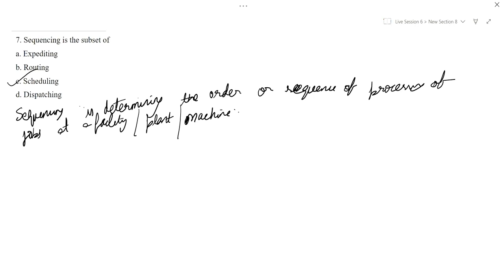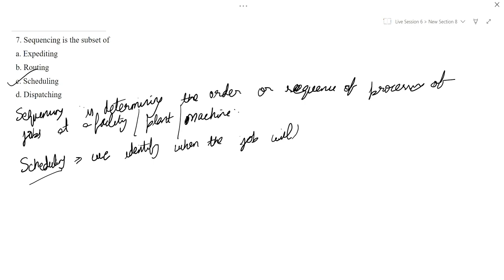As we know, in scheduling we identify when the job will be done.